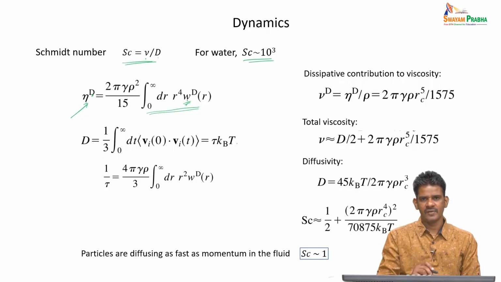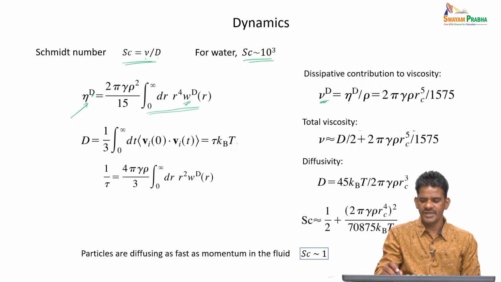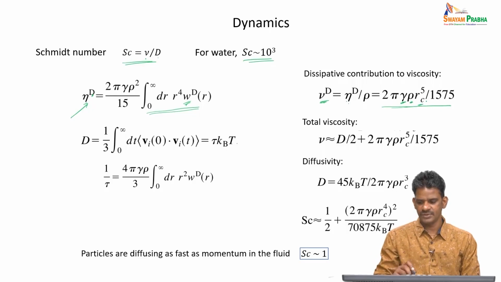So analytically you can calculate this, and that is shown here. Once you calculate eta d, you can calculate the dissipative contribution to the kinematic viscosity nu, which is nothing but eta by rho, and this comes out to be a certain expression that depends on the dissipative amplitude gamma, the density, and the parameter RC that is being used.